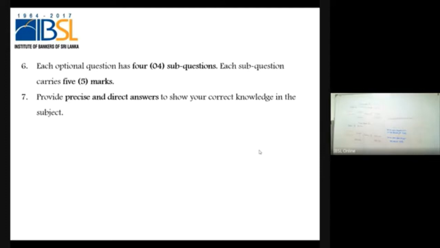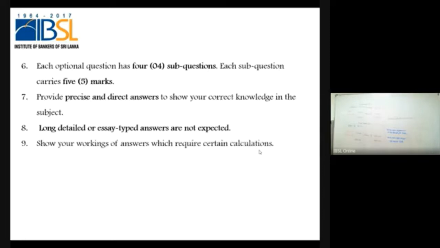Even writing half a page, sorry, or 10 lines would be sufficient if you are writing it directly to the point. Okay, don't expect to write pages and pages for small explanations that you need to provide. Right, that is what it says. Long detail or essay type answers are not expected.